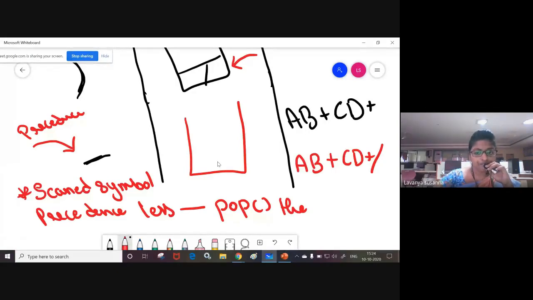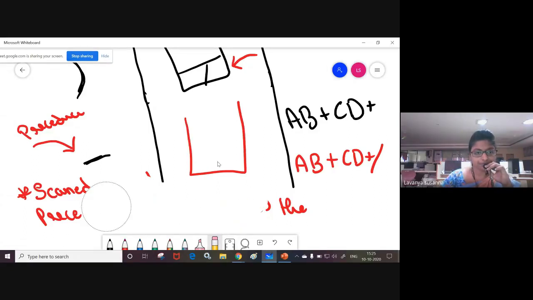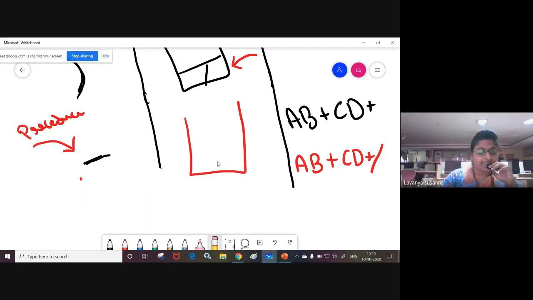After deleting, what you need to do? You have deleted divided by, right? After deleting, again you need to compare the precedence of minus with the other elements which are present inside this stack. Here there are no other elements. Remember that.